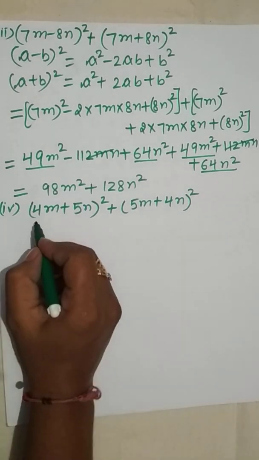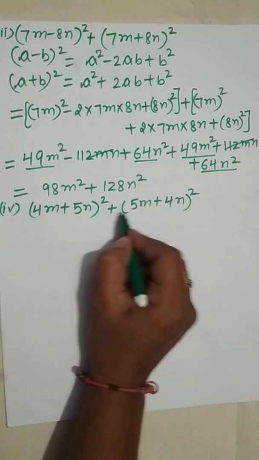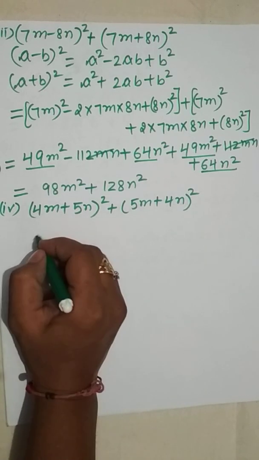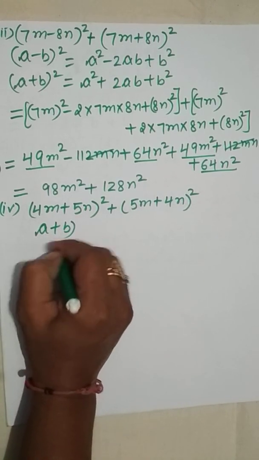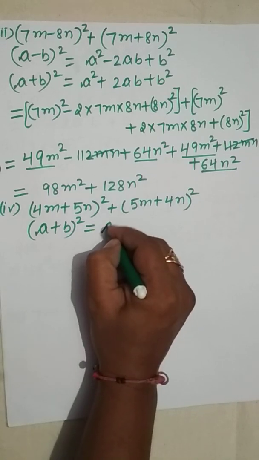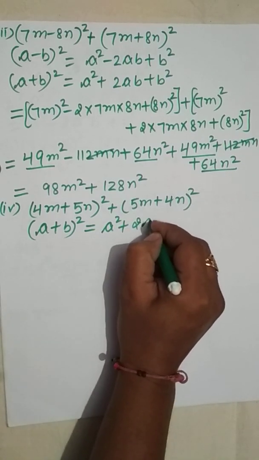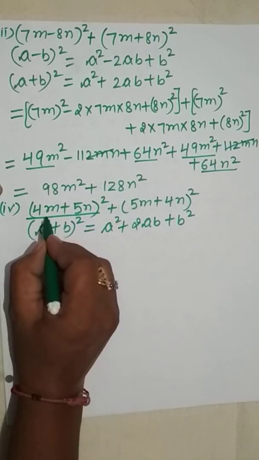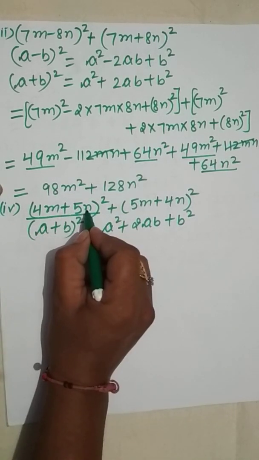Next part is (4m + 5n) whole square plus (5m + 4n) whole square. In this question we are having only one type, that is (a + b) whole square, which is equal to a² + 2ab + b². Now in the first bracket the value of a is 4m and b is 5n.